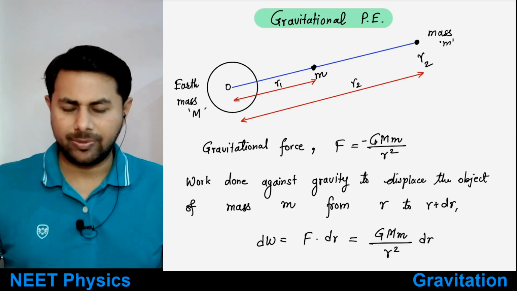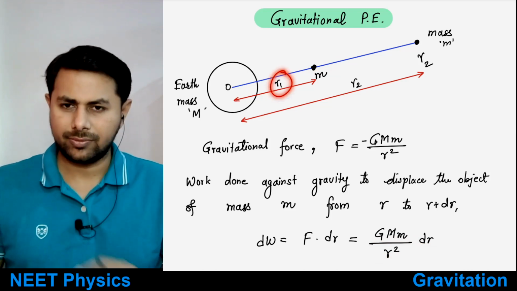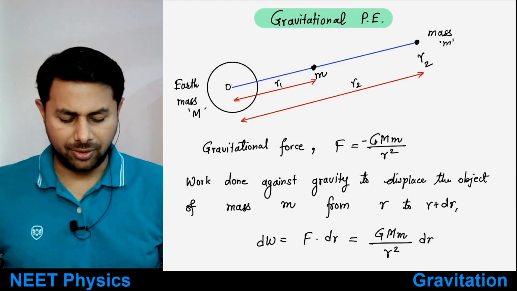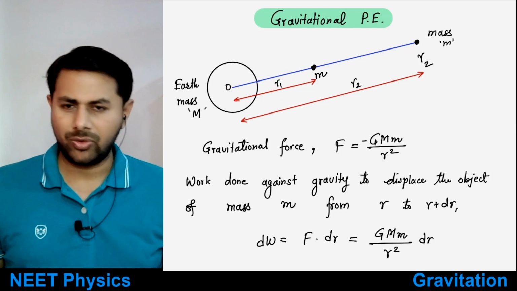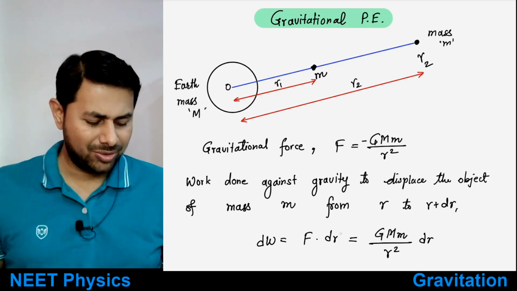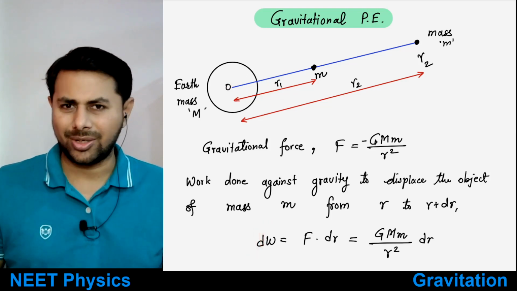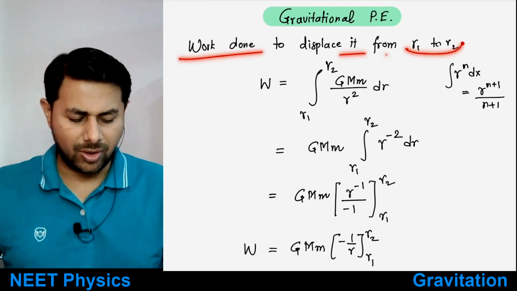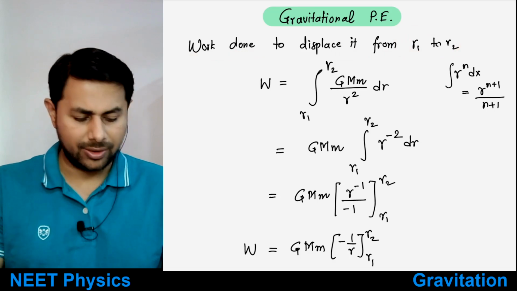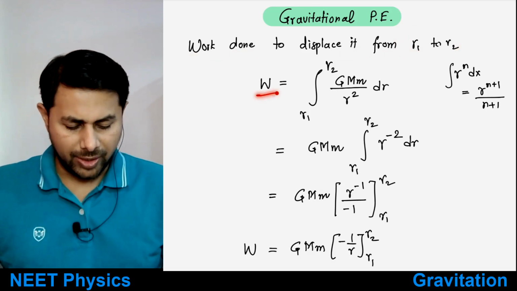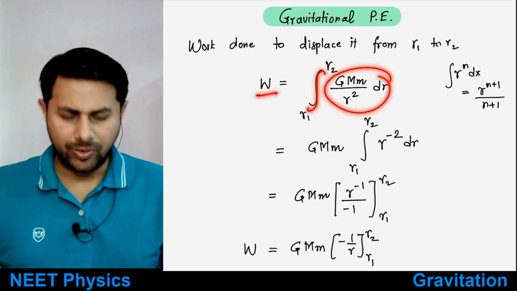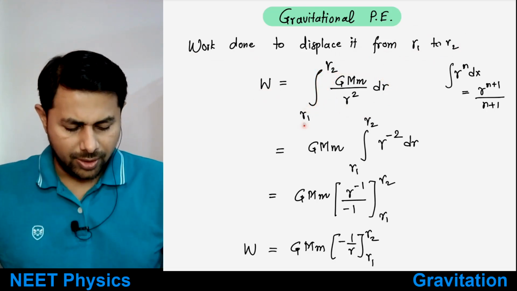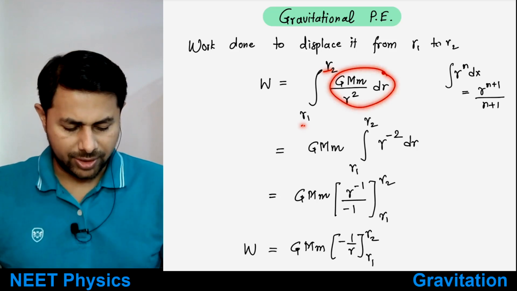Then suppose I want to displace it from distance r1 to distance r2 from the center of earth. Then I need to integrate this work to get the total work. So work done to displace it from position r1 to position r2 is the integration from r1 to r2 of this thing.